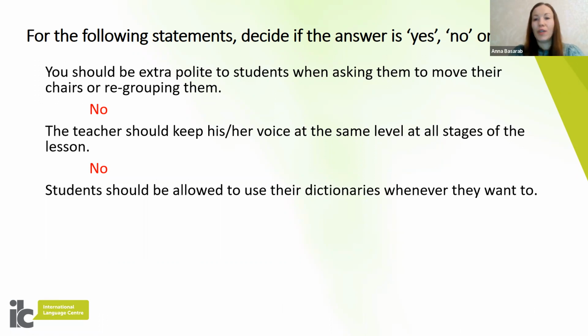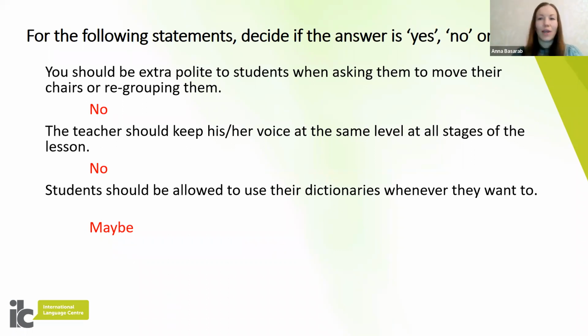How about this one, using dictionaries? That's interesting. Almost everyone votes against. Technically, it's a maybe. If your students need to use the dictionary, why not?